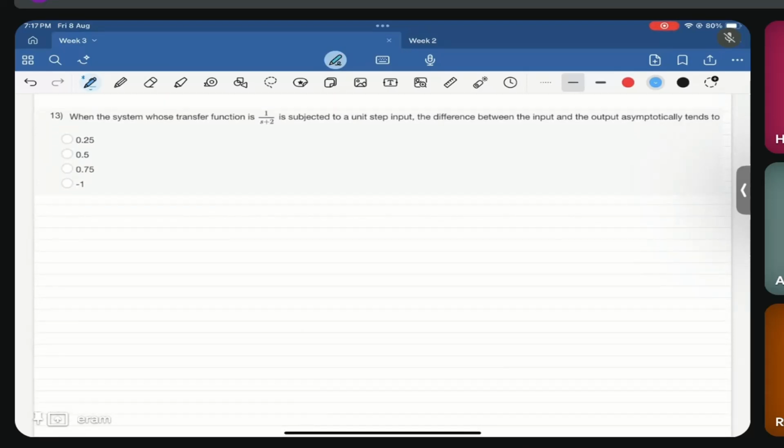So in the next question we have a transfer function, and we are given a unit step input. Then you have to find out the difference between the input and the output asymptotically.